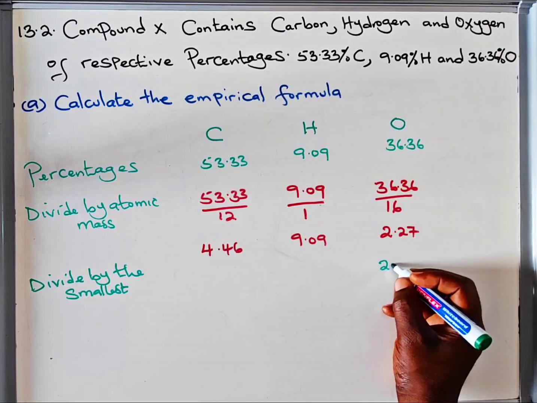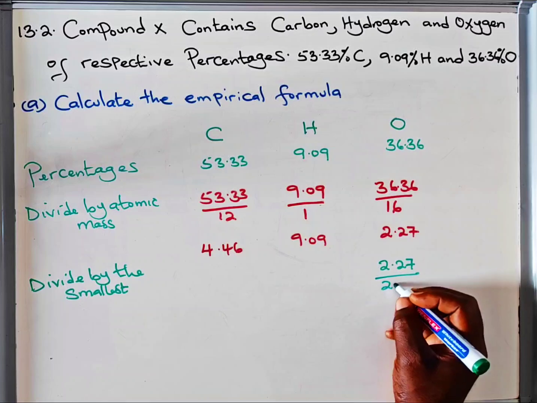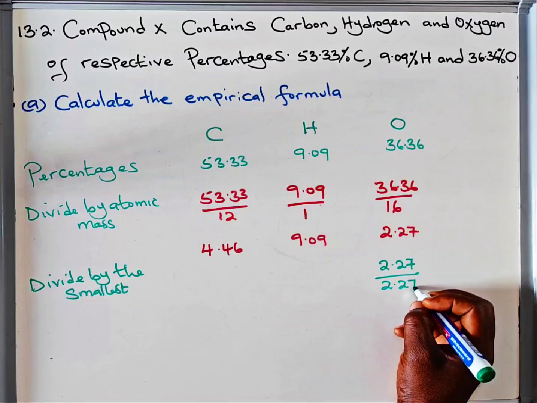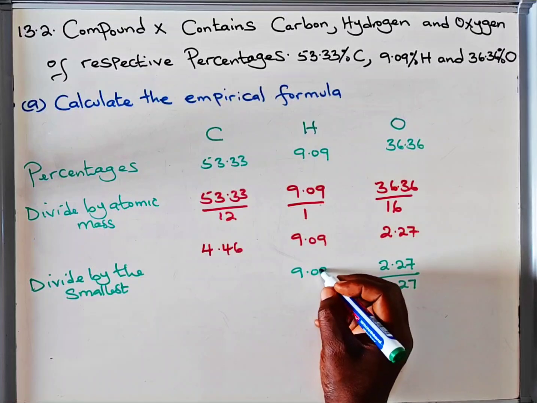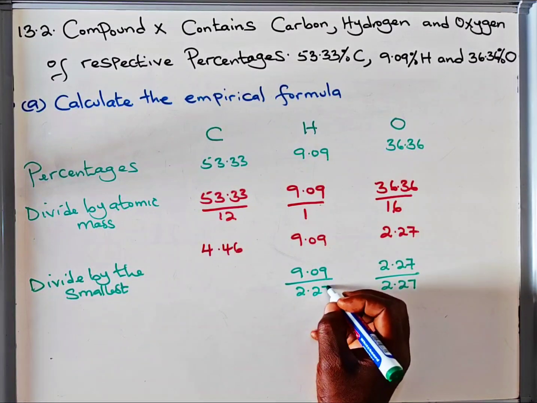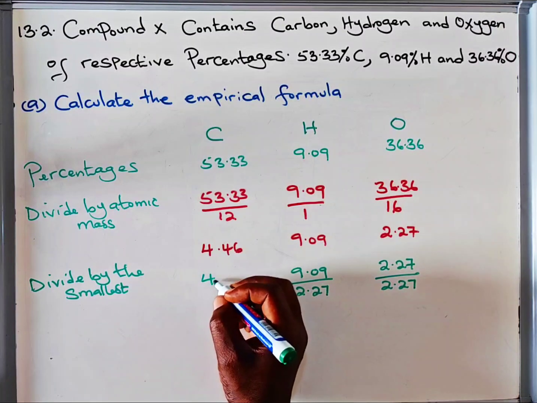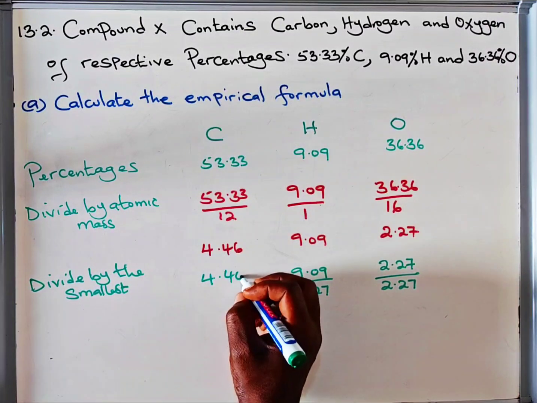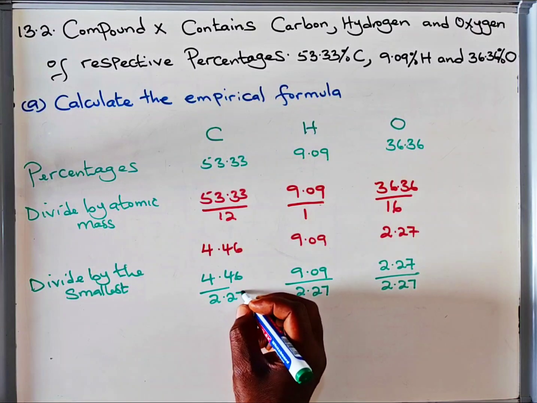We are going to say 2.27 divided by 2.27. Then you come here and you say 9.09 divided by 2.27. Then you come here and you say 4.46 divided by 2.27.